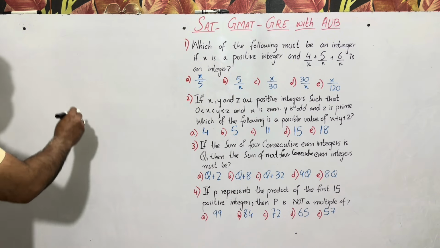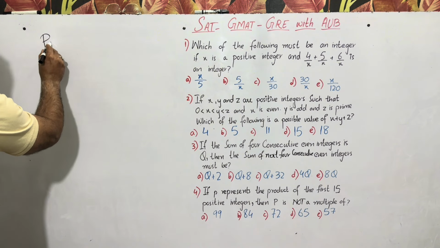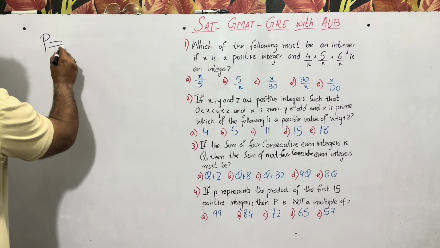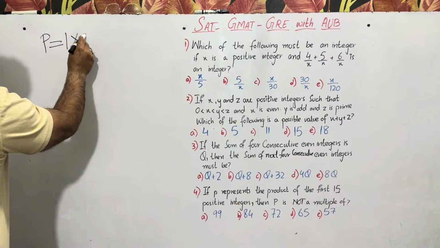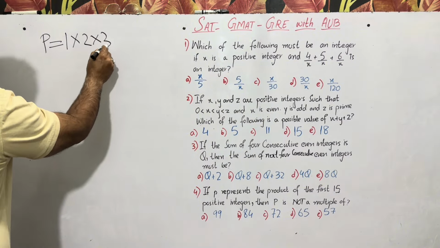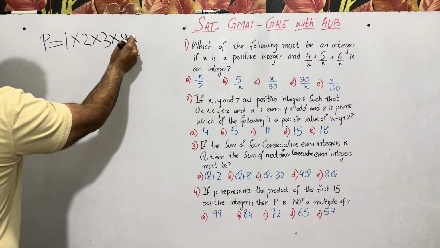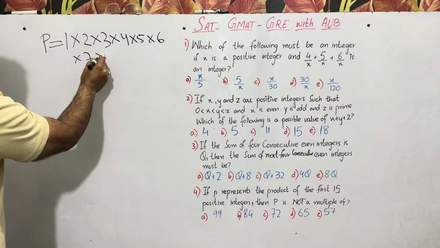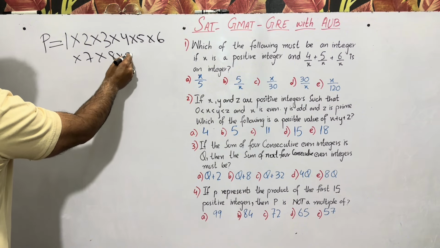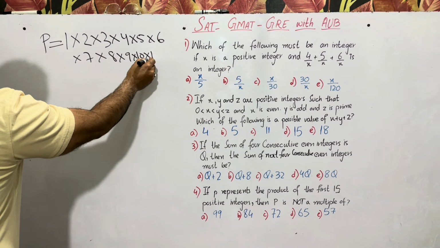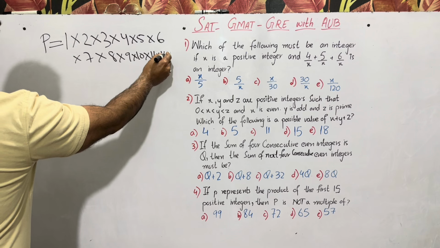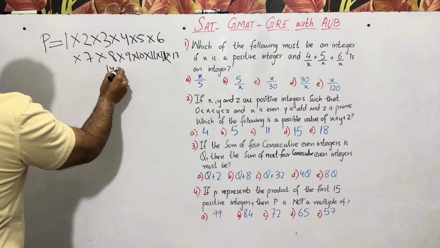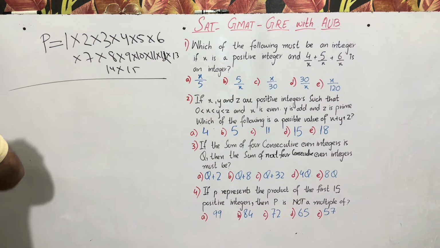We are given that p is the product of the first 15 positive integers, so p is equal to 1 into 2 into 3 into 4 into 5 into 6 into 7 into 8 into 9 into 10 into 11, 12, 13, 14 and 15.